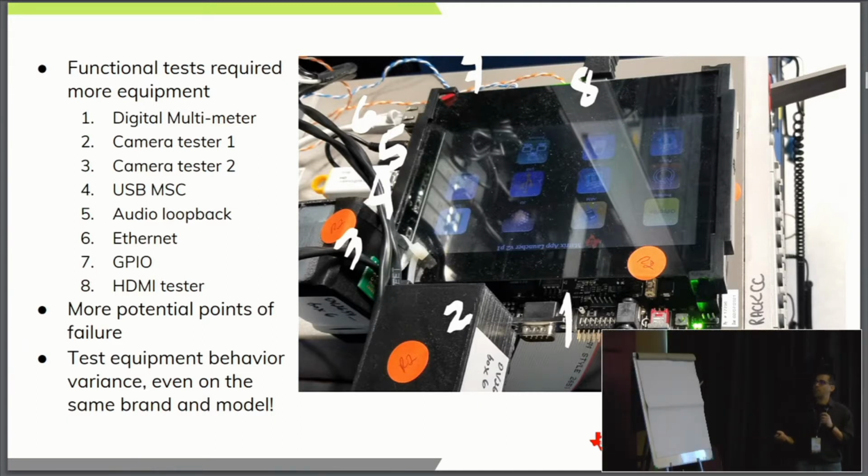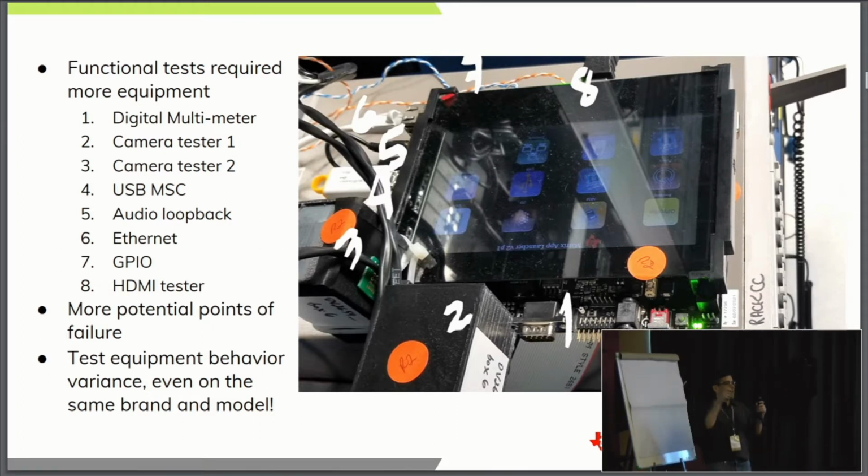We have USB, in this case a thumb drive, we have audio loopbacks, and some cables here to emulate GPIO inputs. We have an HDMI tester device here. But the bottom line is, in the previous slide I just showed the simplest setup just to do boot. Now we start adding all this test equipment to do functional testing, and things start getting more complicated.